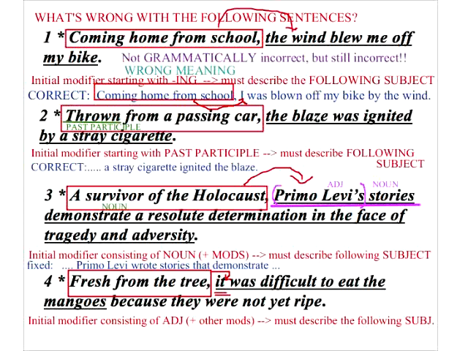So the corrected version would be fresh from the tree, comma, the mangoes were difficult to eat because they were not yet ripe. Okay, smiley face if this makes sense. If not, please ask a question. Okay, let's clean this up a little bit here. Let's make a summary slide.